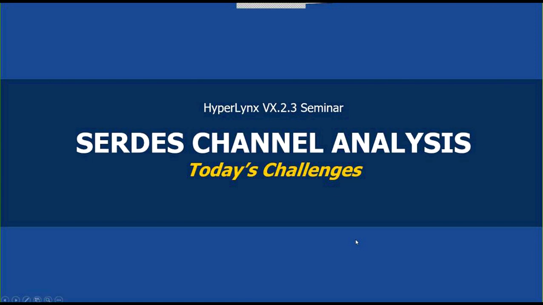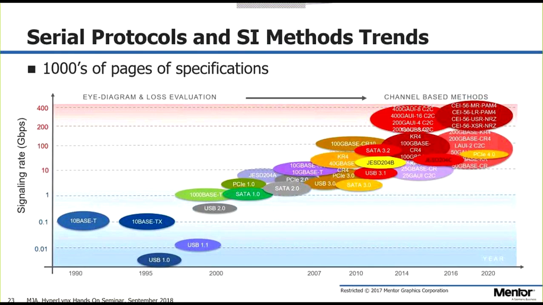at this point. So just looking at this plot, back in the day, we're talking about USB 1.0 and 1.1 and maybe some faster Ethernet stuff. A lot of people wanted to simulate that, figure out what's going on, but in a lot of cases we can just maybe go with some guidelines and get that sort of thing routed.